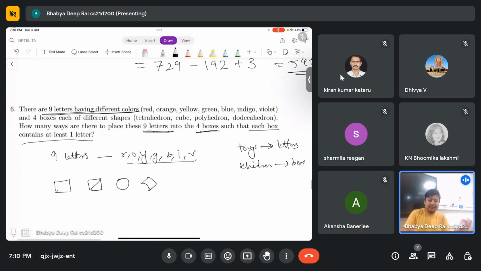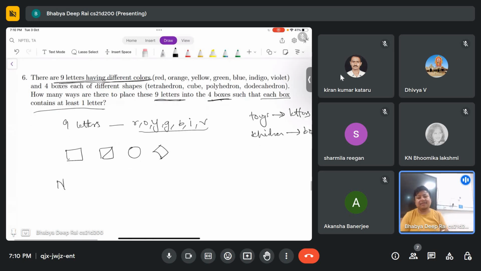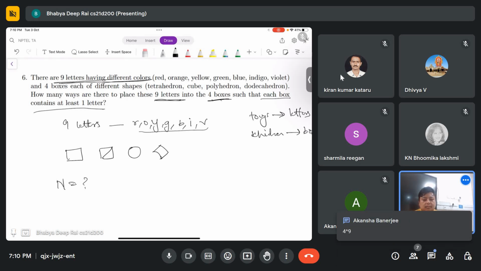Now just tell me, please tell me what is n here, the total number of distributions. What is n here? Total number of ways to distribute 9 letters into 4 boxes. Good Akanksha.